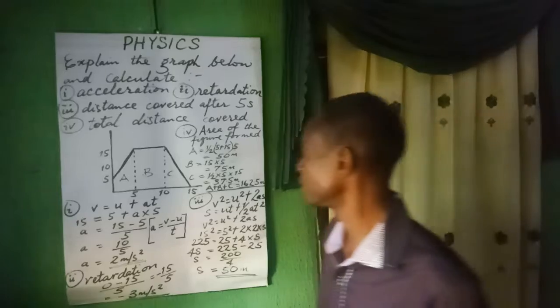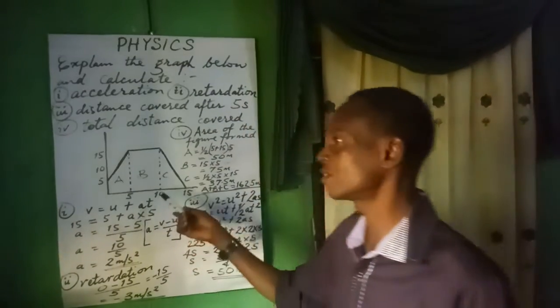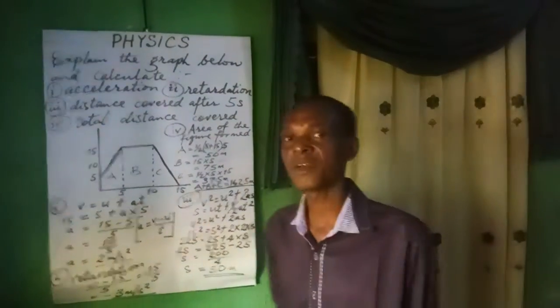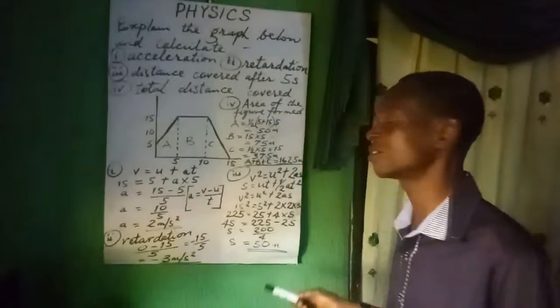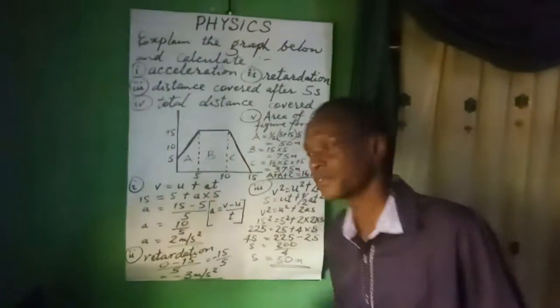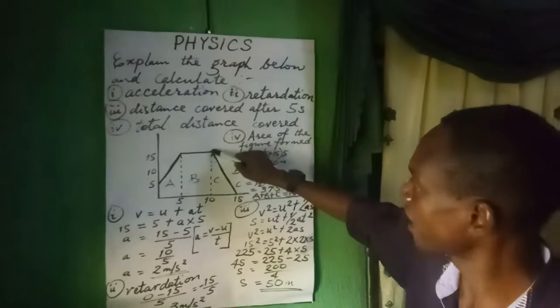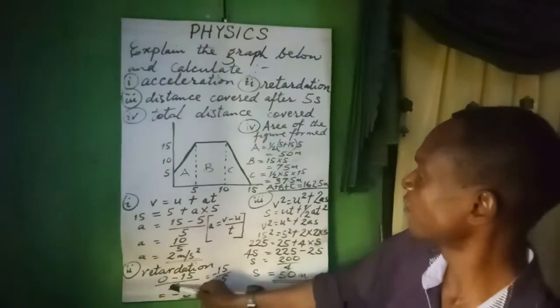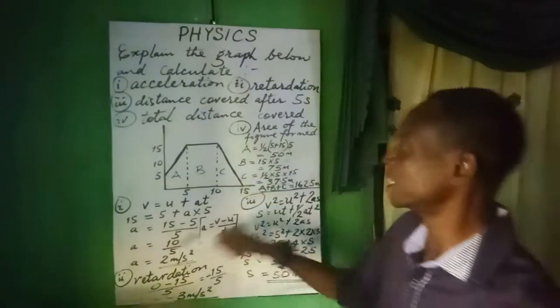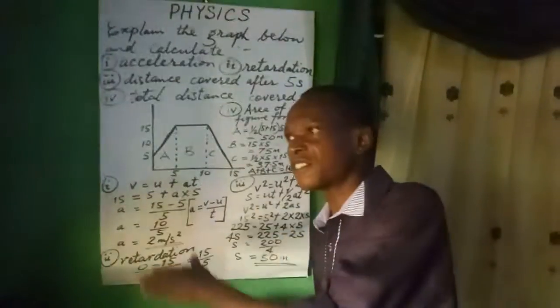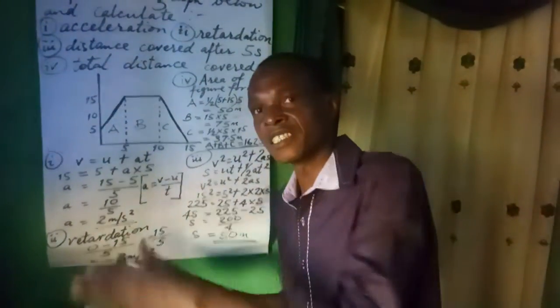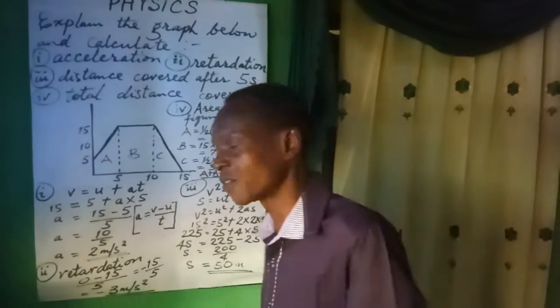2. Retardation. I have told you that retardation is negative acceleration. So the retardation in this case will be 0 minus 15. Retardation is negative, so it will be 0 minus 15, and that's what we have here, because there is a twist. When you're looking at positive acceleration and negative acceleration, it's like a reverse of the other one.